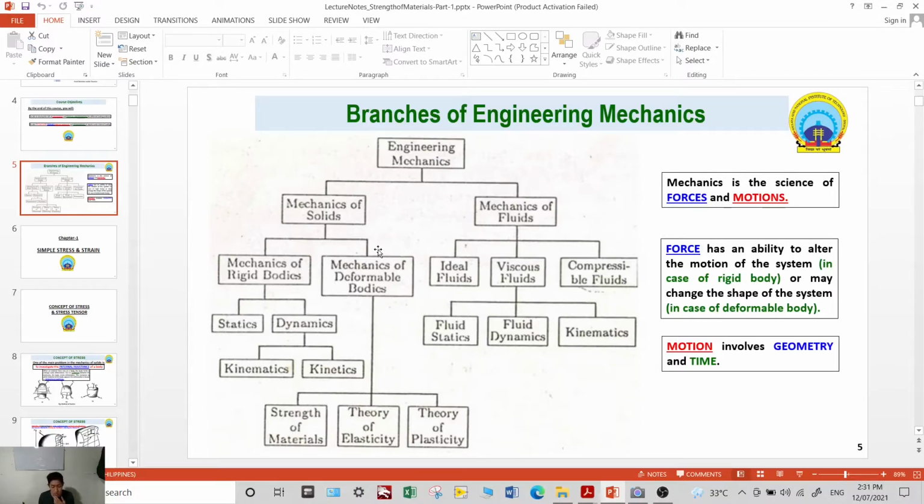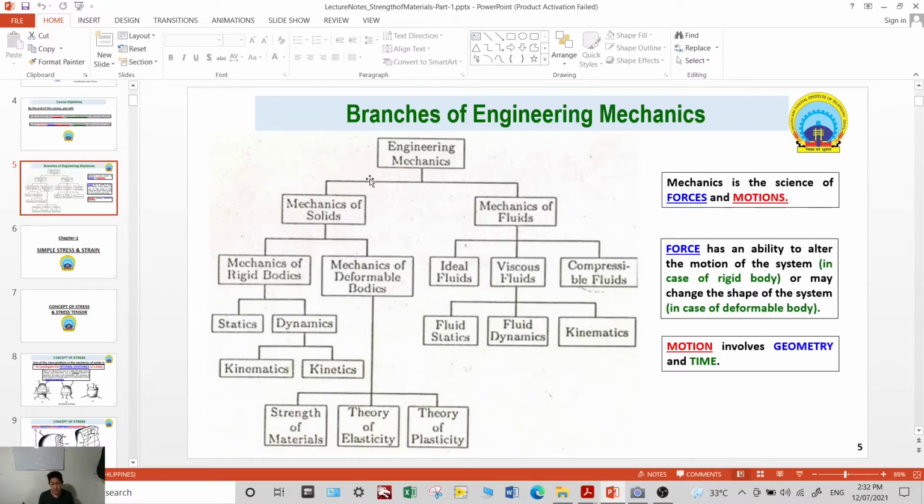It is important that we also learn this subject because using these concepts, you'll be able to properly size your design. And you will be able to have confidence that your design will not fail. So one of the main importances of this subject is to be able to design your components properly, so the components will not break or fail.